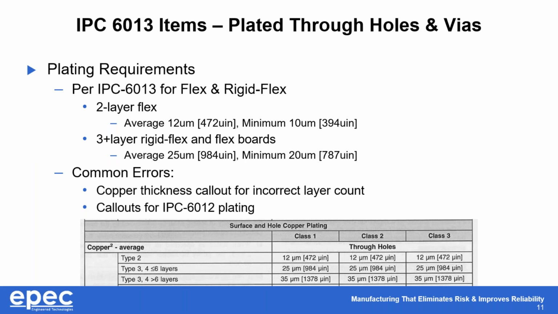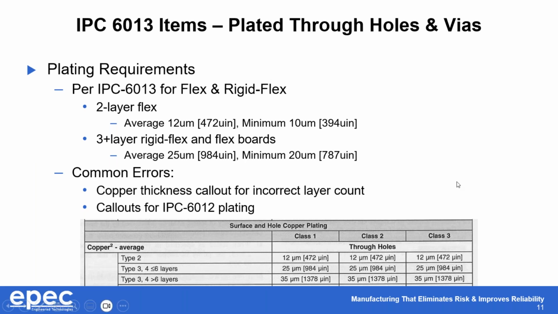Common errors we run into are copper thickness callouts being incorrect for the layer count. So we'll see copper thicknesses for 3+ layers called out on a 2-layer, or vice versa. And then also callouts for IPC 6012 plating, which does differ a fair amount from IPC 6013.